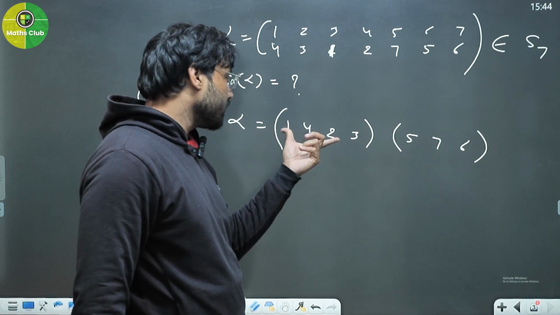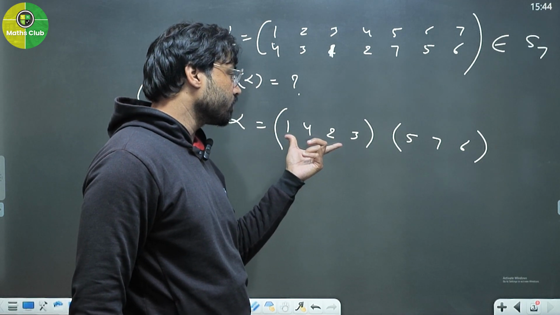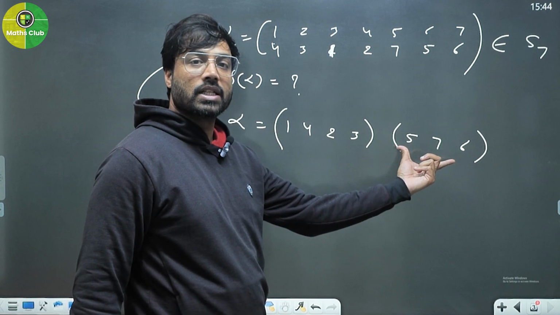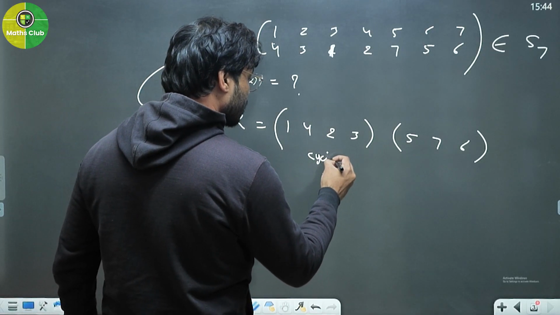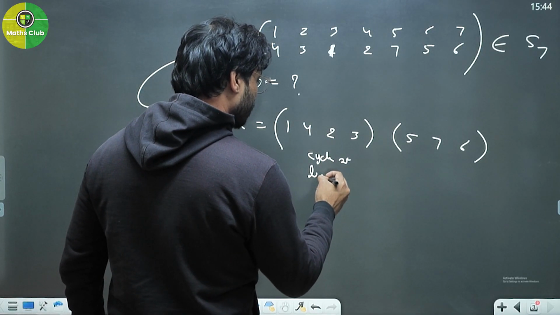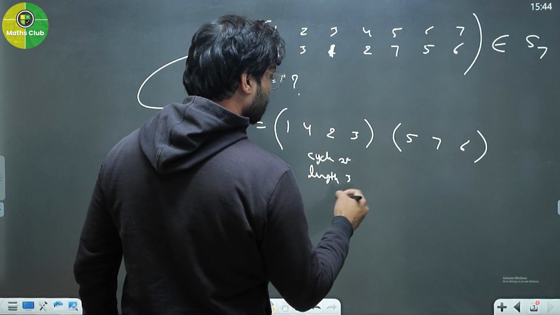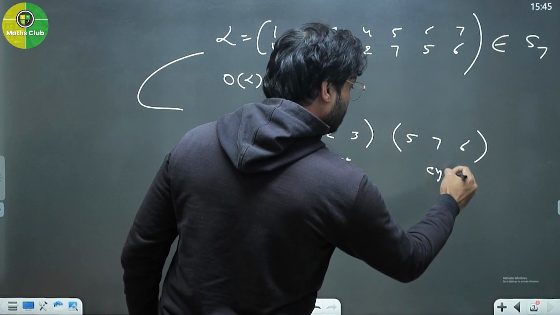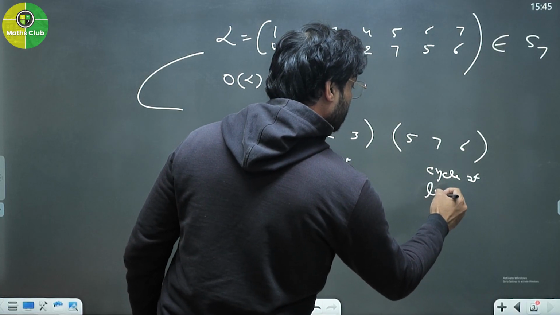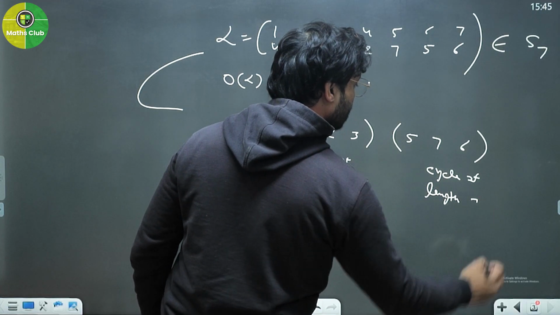The first cycle has length 4, and the second has length 3.